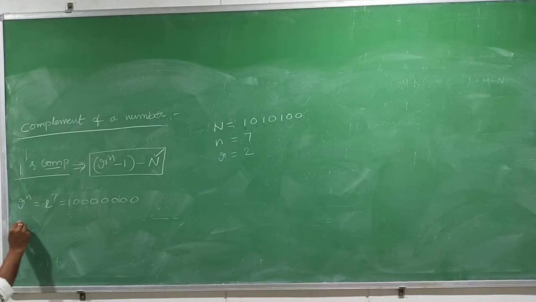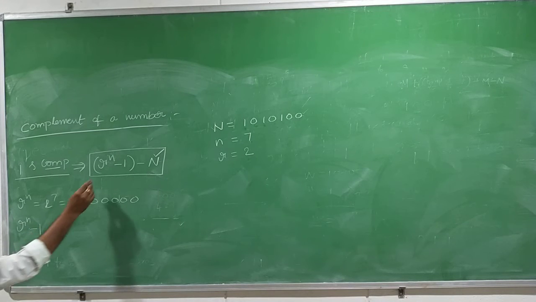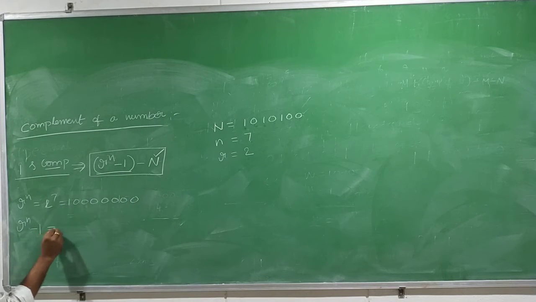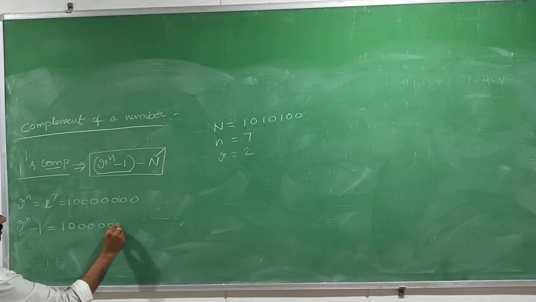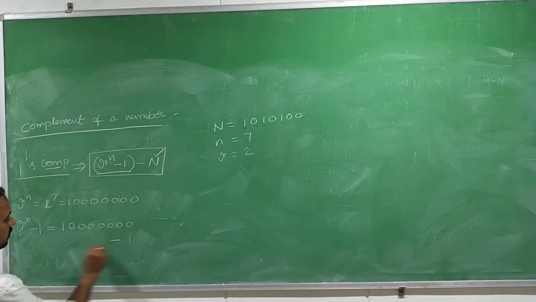Now r power n minus 1, what will this part become? 1 followed by 7 zeros minus 1.